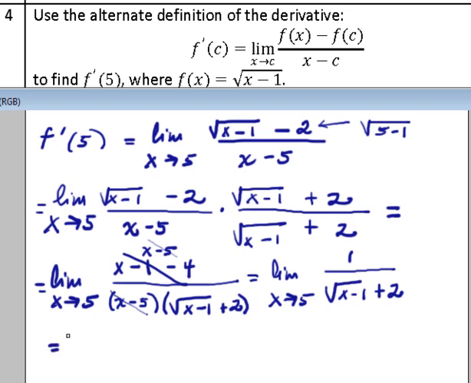Now we can actually take the limit because we no longer have the 0 over 0 situation when we substitute in 5. All right, so just go ahead and substitute in 5 and drop this limit. So we have 1 divided by the square root of 5 minus 1. That's the square root of 4, which is 2. Or here we have 2 plus 2, which is equal to 1/4. Okay, so that's f prime of 5.